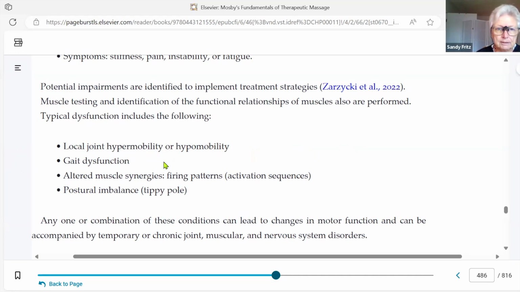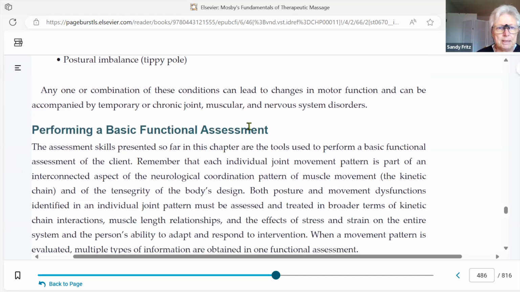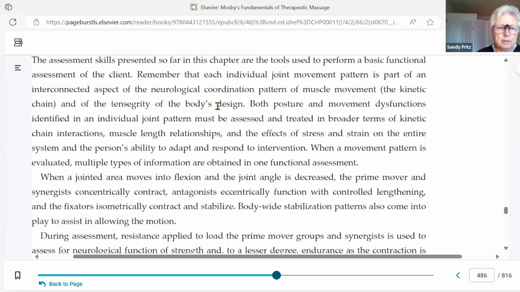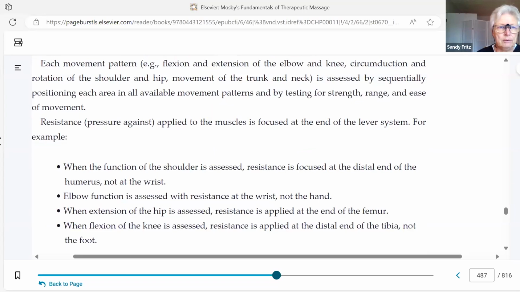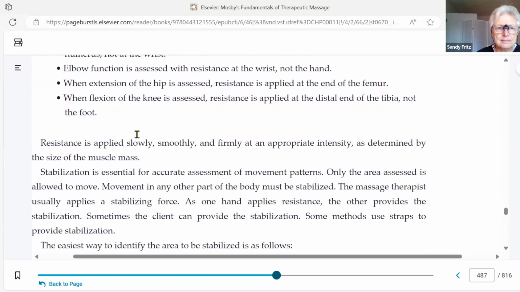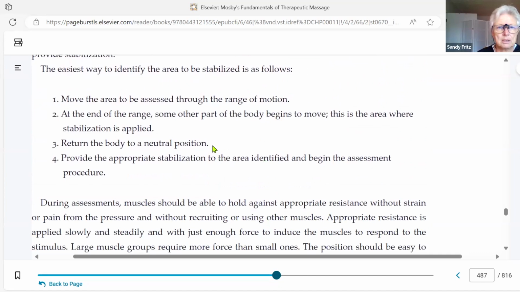Looking at gait dysfunction, also the firing patterns that we just went through, and the postural imbalances. So here then we're putting all the pieces together, and you can practice these sequences.